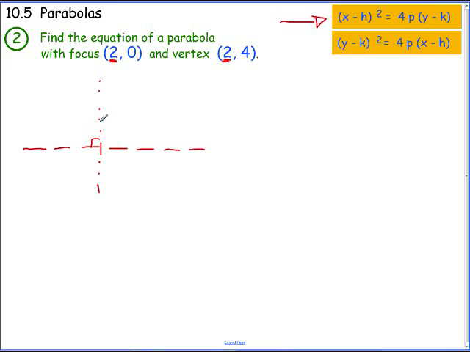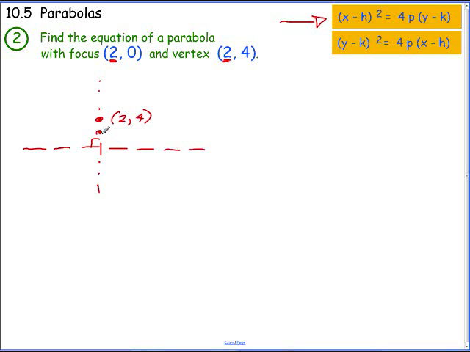vertex, let me say this is the vertex. It's at 2, 4. And my focus is going to be, let's see, 2, 0.